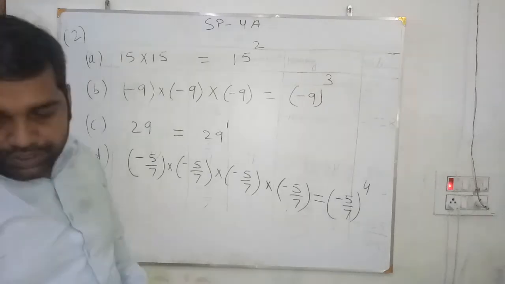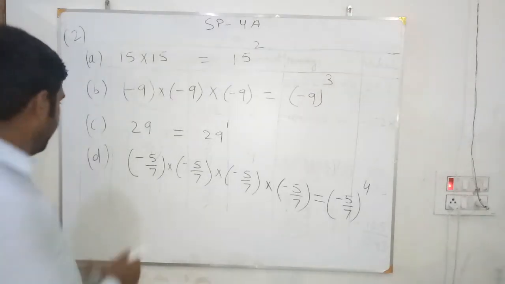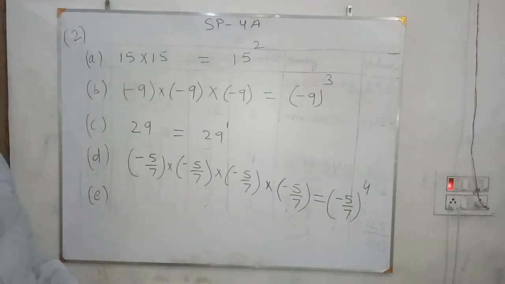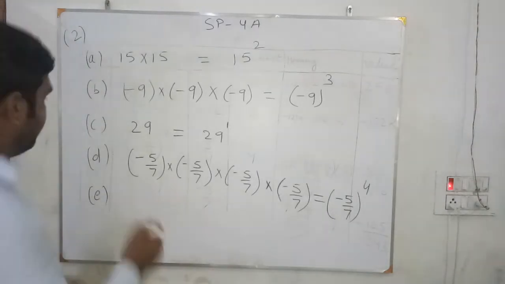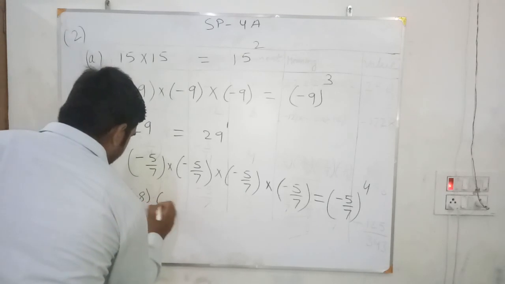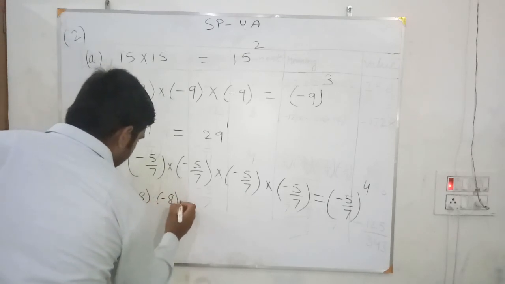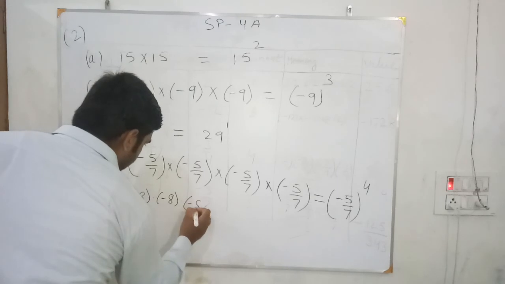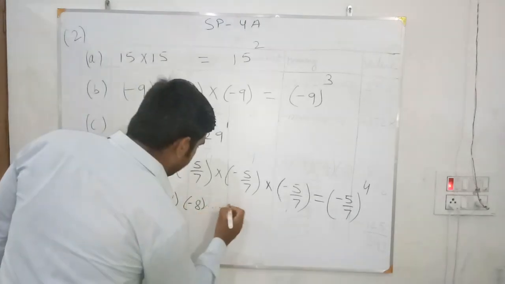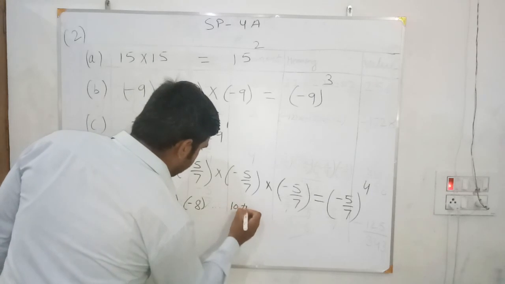Similarly, you can do question E also. In question E, the number minus 8 is multiplied 10 times. It is written minus 8 multiply minus 8 multiply minus 8 and dot dot dot, 10 times.